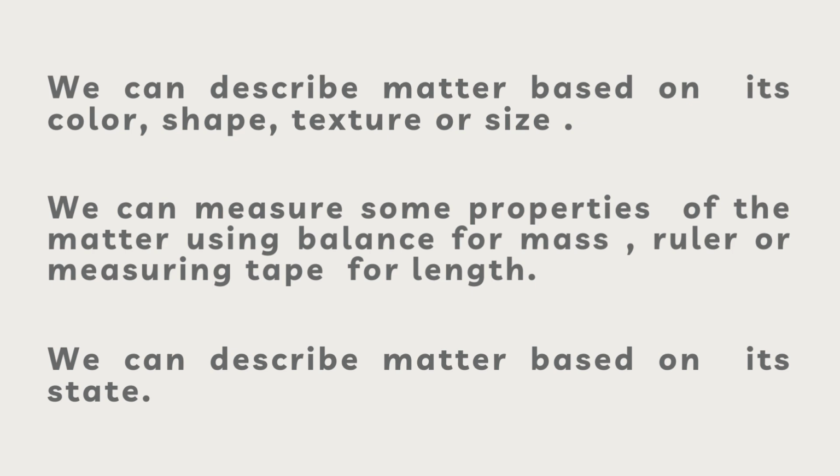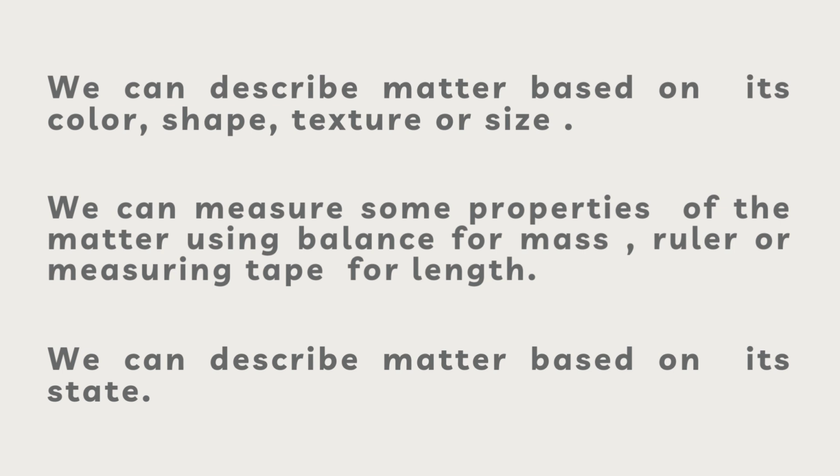We can also measure these properties by using a balance or scale if we want to know the mass of the substance. If the substance is solid, we can measure its length by using a ruler or measuring tape.